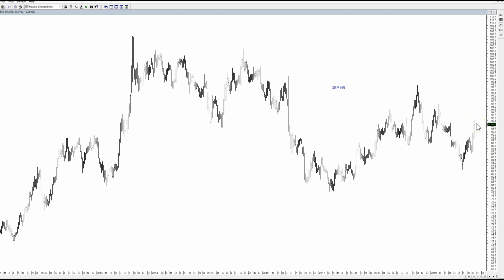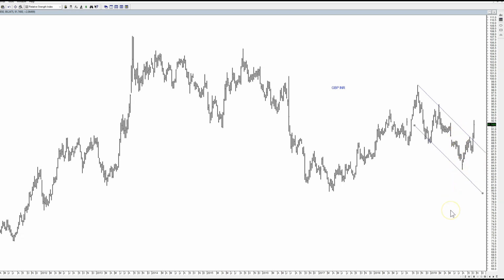So same wave count, and we have again gone long on the GBP INR last week, maybe around 88.5, and we are already at 91. We have already actually broken out of this channel. You can see a very nice channel, and we would be looking for this to move up in the days and weeks to come.